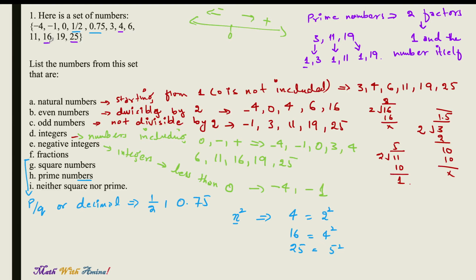We remove these, and the prime numbers are 3, 11, and 19. The remaining would be -4, -1, 0, 1/2, 0.75, and 6. These are the numbers that are neither square nor prime numbers.